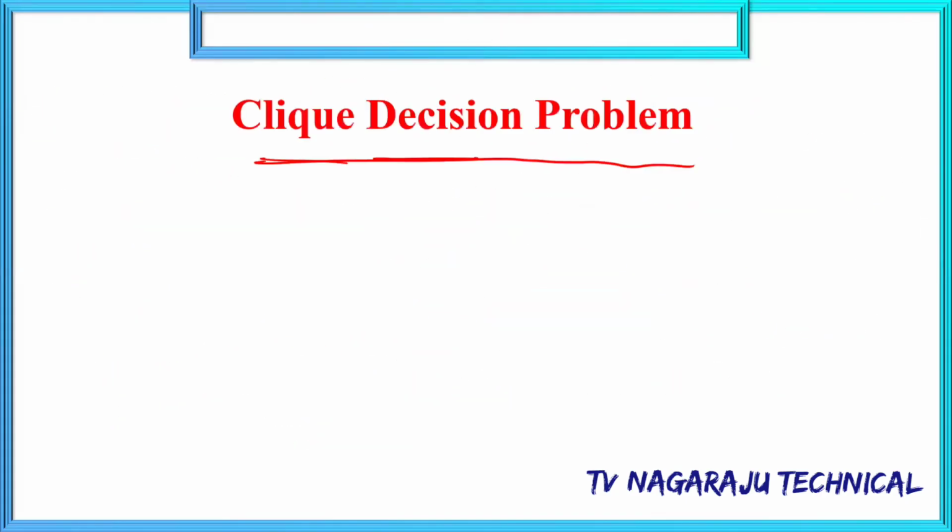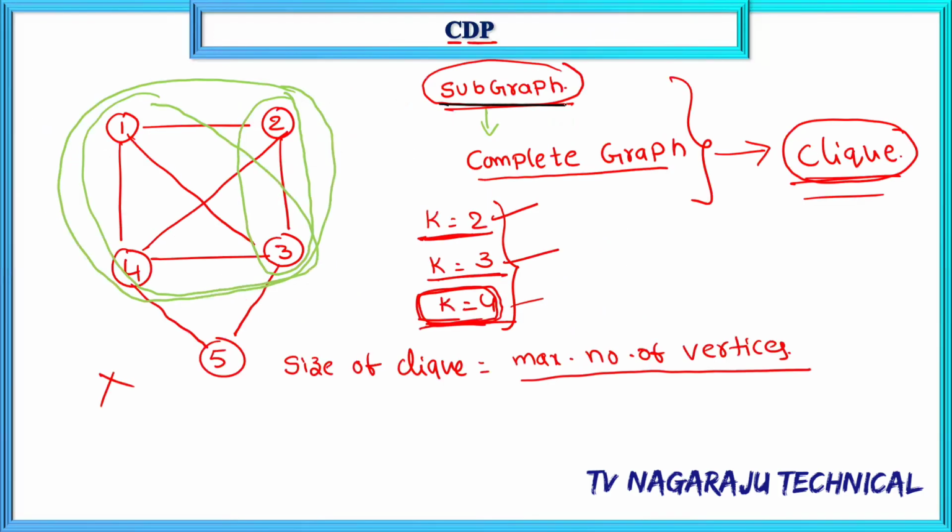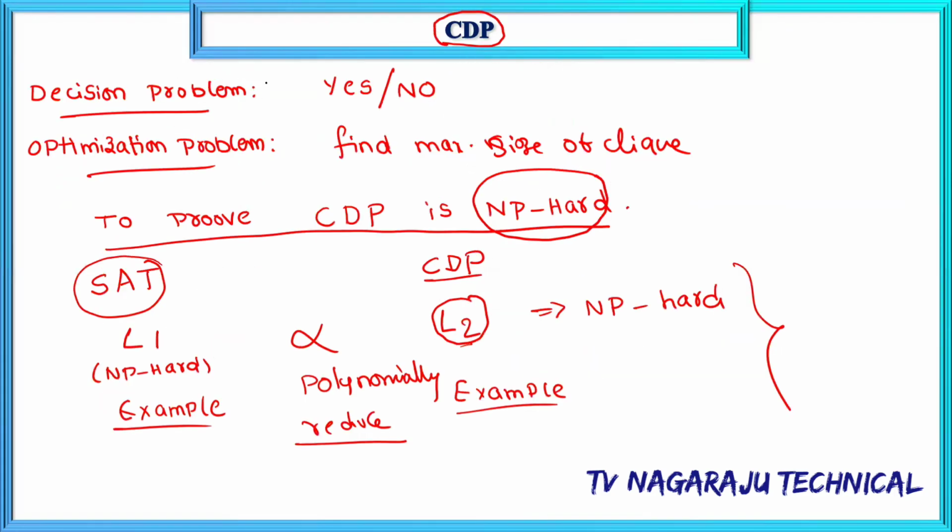Read and understand. How do you solve? First, you need to understand what is a complete graph. Now, what is a subgraph? Next, what is the complete subgraph? That is called a clique. Now, what is the meaning of decision problem and optimization problem? What is your requirement? So, to resolve your requirement, what are you taking?